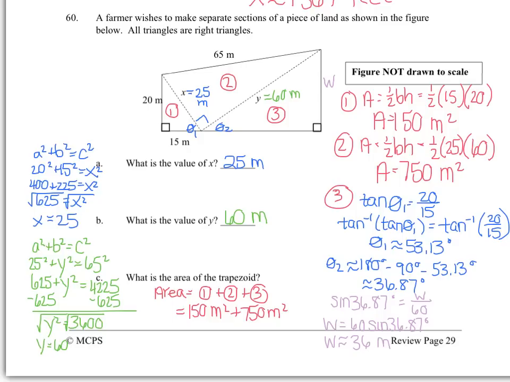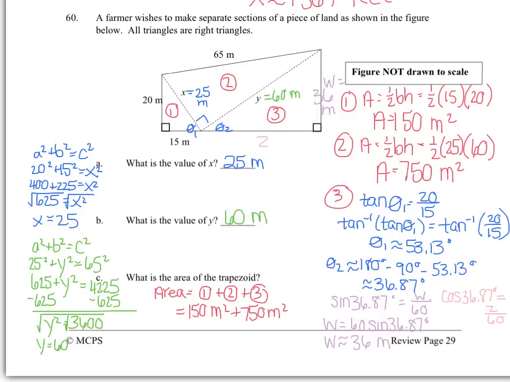My other side, so we can say this is approximately 36 meters. My other side is going to be cosine. So the cosine, let's call this Z. The cosine of 36.87 degrees is going to equal my adjacent, which is Z, over 60.